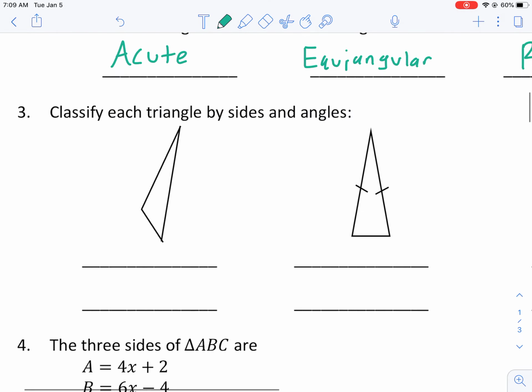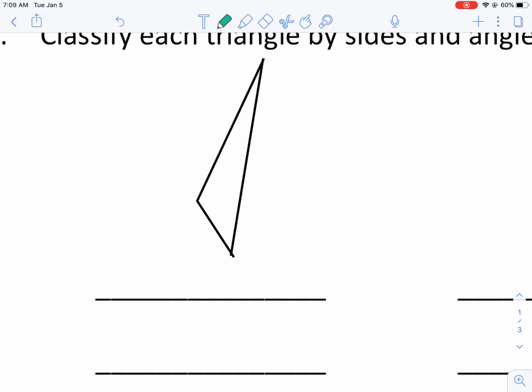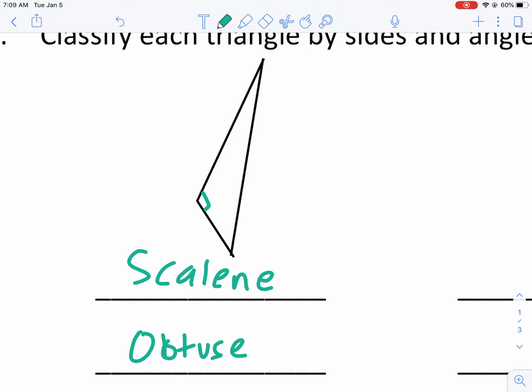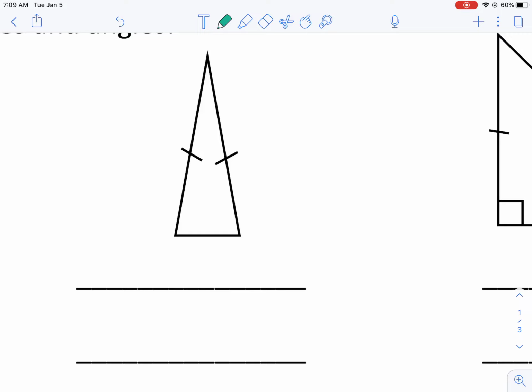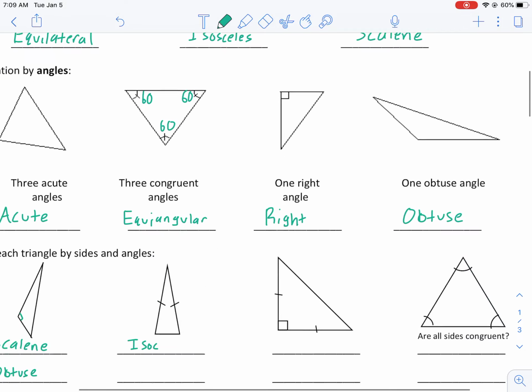So, classify these by sides and angles. Looking at this, it looks like none of the sides are the same, so that'd be scalene, and then this looks obtuse to me, so that'd be a scalene obtuse. This one, two sides are the same, so we've got isosceles. How do you spell isosceles?